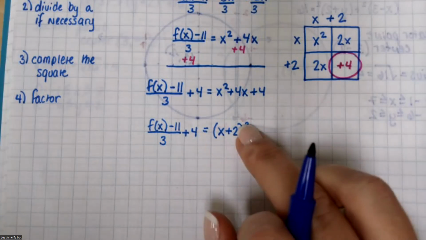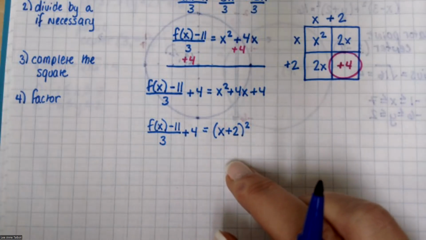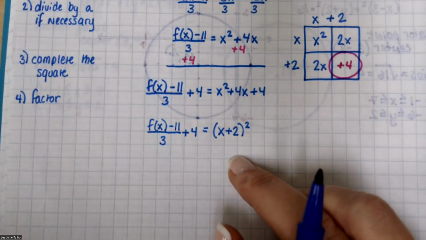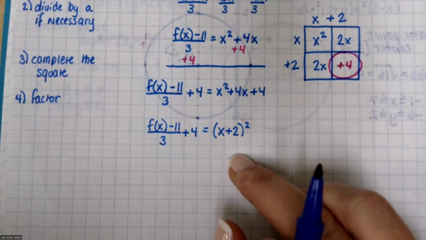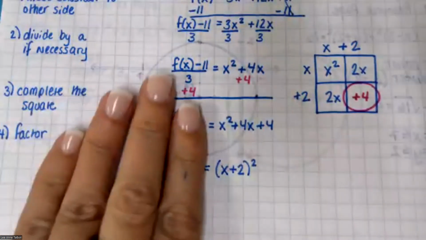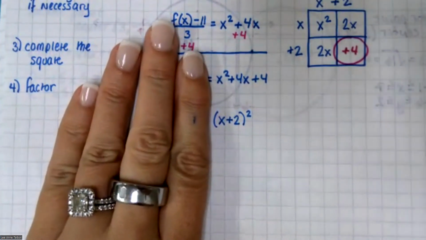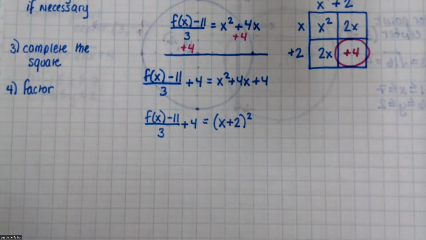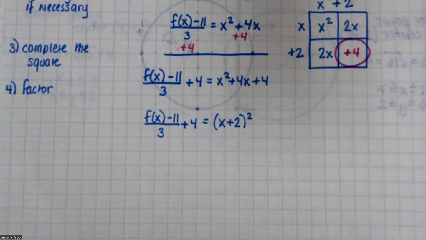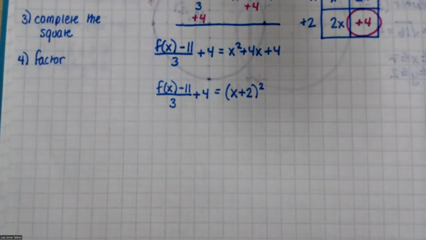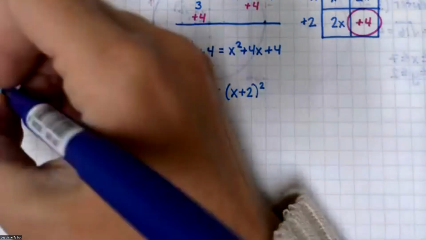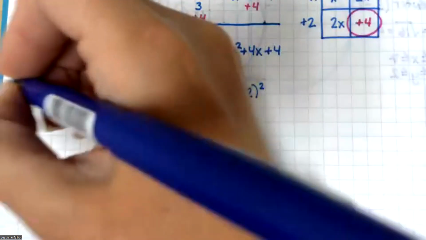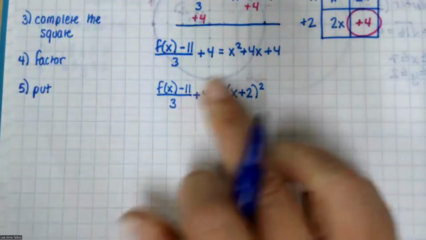So it's got to be something squared. This is just factored. Just pretend that I diamond and boxed that. I'm going to subtract the 4 in the next step. I'm not done.